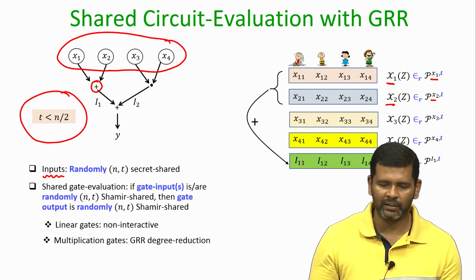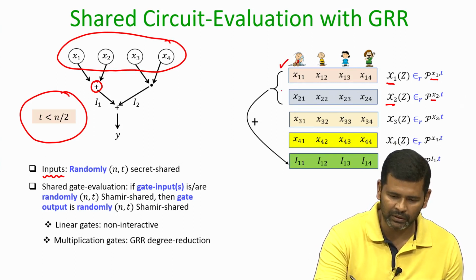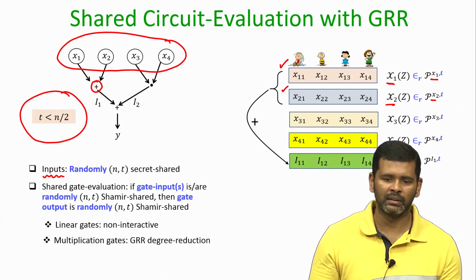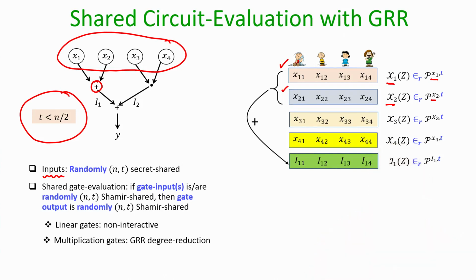The parties have their respective shares of x1, their respective shares of x2. So, they just locally add their respective shares of x1 and x2, and collectively they will obtain a vector of shares which will now lie on a random t degree polynomial whose constant term will be the actual output which should have been there if the inputs are x1 and x2. Okay. So, that means this gate is done.